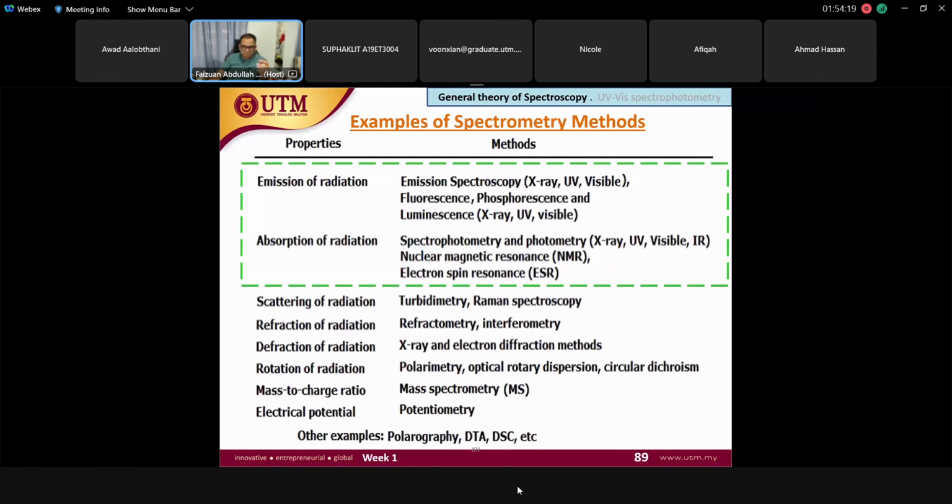We should not select by random; we should know the nature of the sample. Some samples are really difficult to analyze, for example, samples that have a lot of interference, so it will be better to use a very high-end instrument.